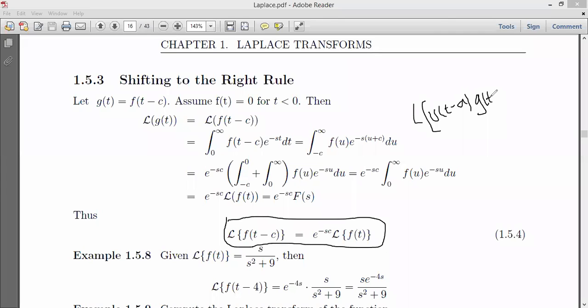Is that okay? We discussed this already. We have even looked at it today. We said this is e to the minus s a, this is the Laplace of g of t plus a. This is what I am saying, that I don't really have to repeat the obvious here.